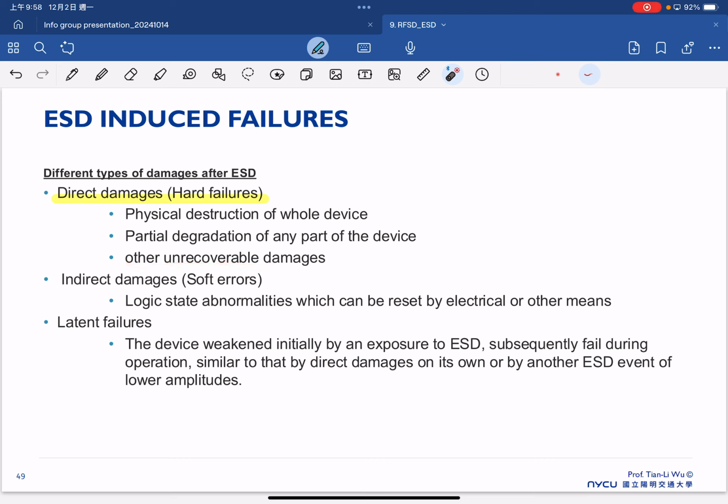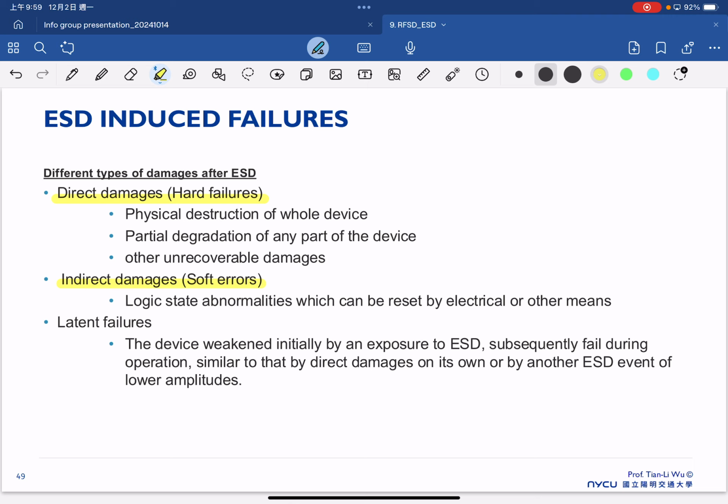So it's the kind that really damages our device, and that causes a very obvious degradation that is not possible to recover. And the second one is indirect damage. Sometimes we call these soft errors. So here we don't see obvious physical degradation that can be seen from the OM, from the TEM, or from any material characterization.